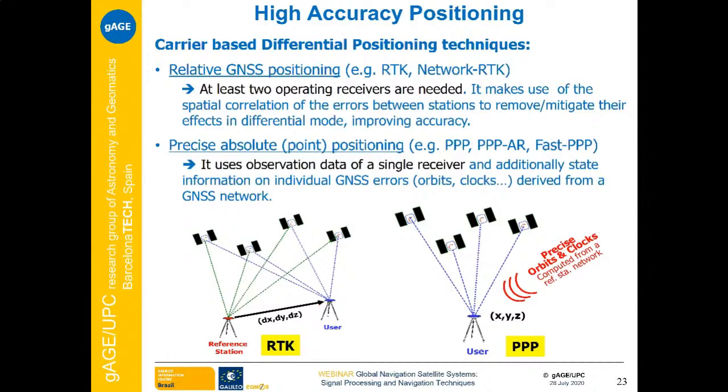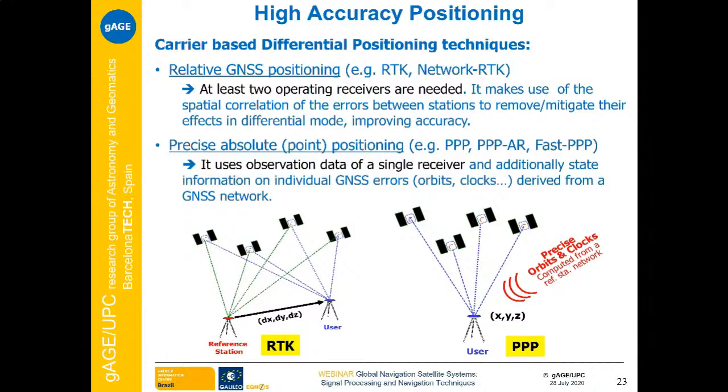Well, then relative positioning is illustrated with this figure. We need a reference station and a user receiver, and precise absolute point positioning, PPP, is illustrated in this figure. In this case, what we estimate are the absolute coordinates of the user, and what we use are computed differential corrections from a reference station network, and these computed differential corrections are orbits and clocks.